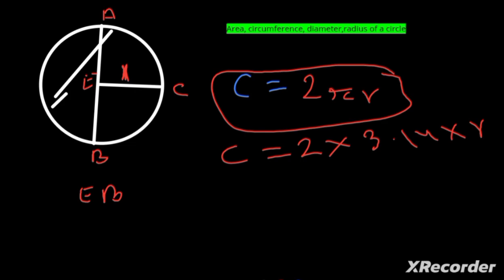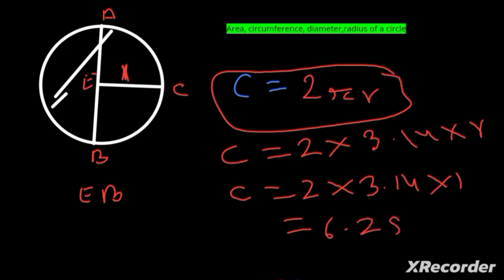So the circumference will be c equals 2 into 3.14 into 1, which equals 6.28 into 1, which is equal to 6.28. So we have found the length of the circumference of the circle, which is 6.28.